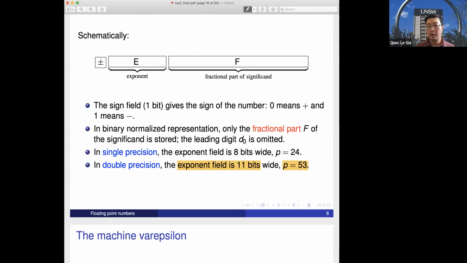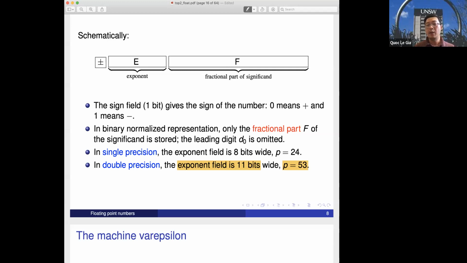And 2 to the 11 is not 4,000, but 2,048.